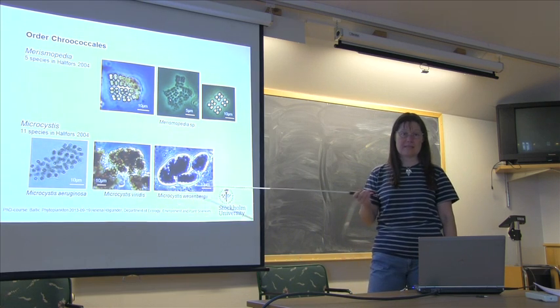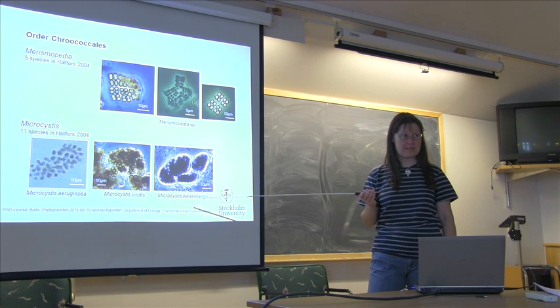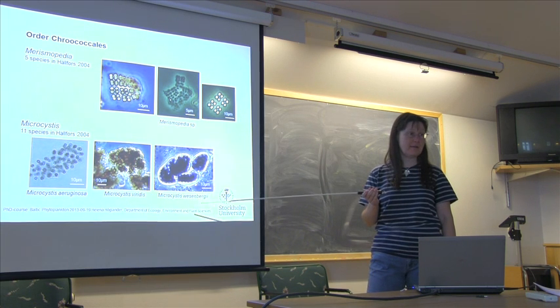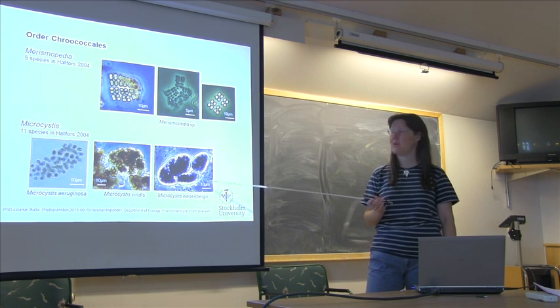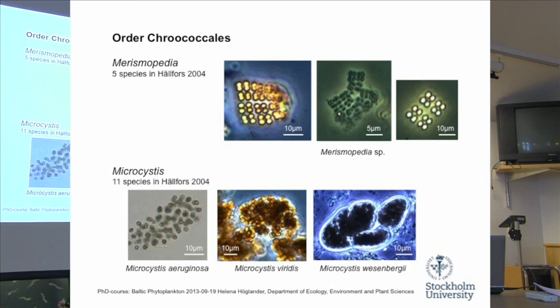And then we have the Microcystis species. Most of these are usually more freshwater species. So what I saw from the train was probably a mixture of these species, I suppose. And many of them are toxic too. So we have this Microcystis aeruginosa. It has small gas bubbles in it, so you can see small dots in the cells.